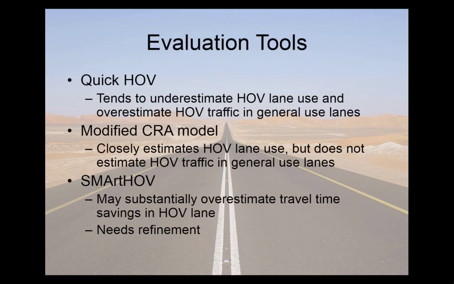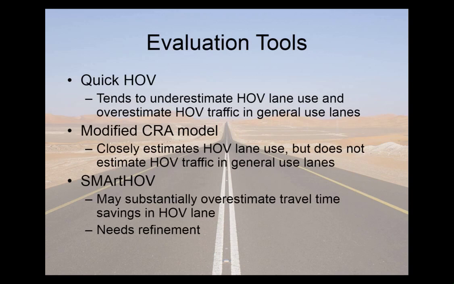Another demand estimation technique is the modified Charles Rivers Associates model. This model more closely estimated the number of HOV lanes using the managed lanes, but it did not estimate the volume of HOV traffic using the general use lanes. And finally, there's a program called Smart HOV, which is used to estimate the travel time savings from HOV lanes.